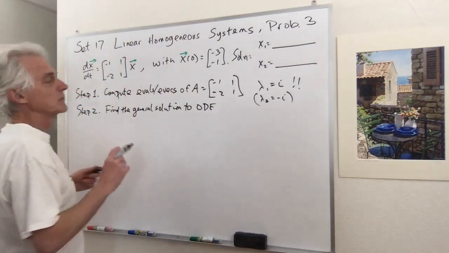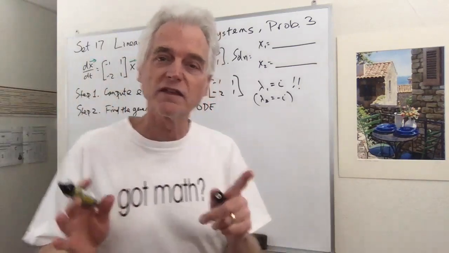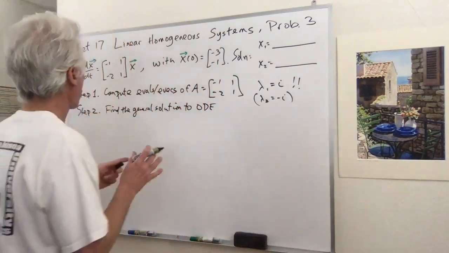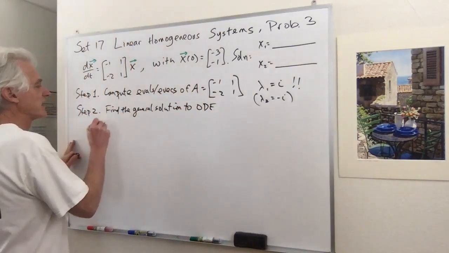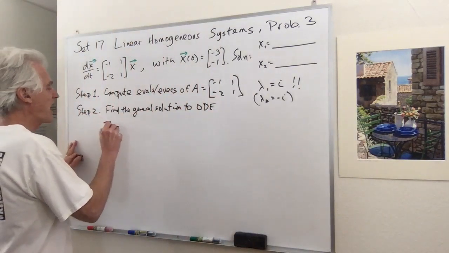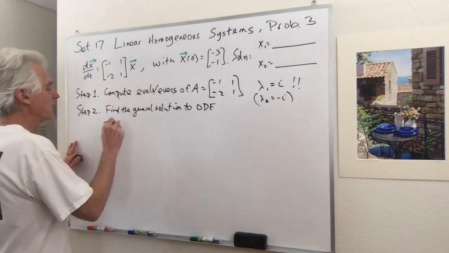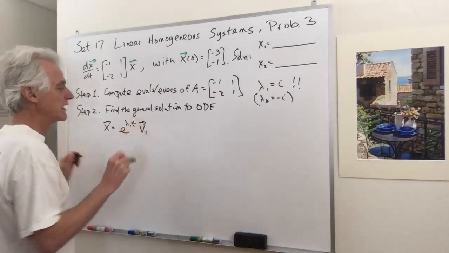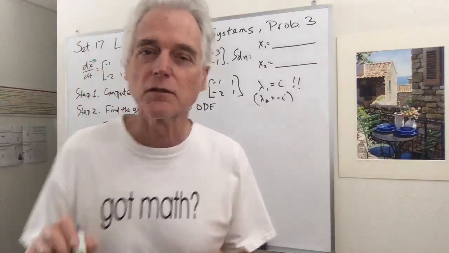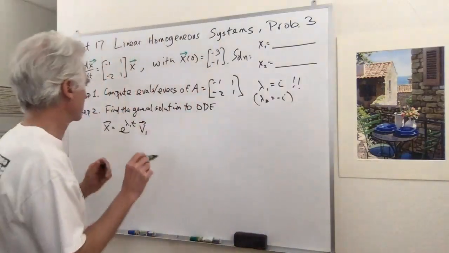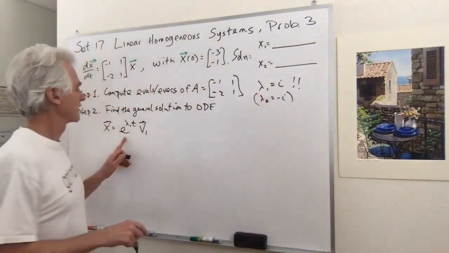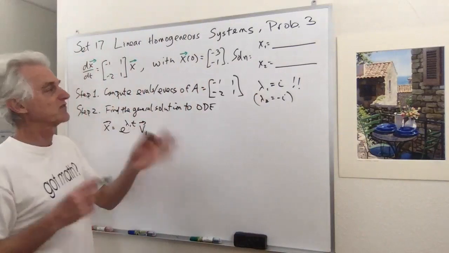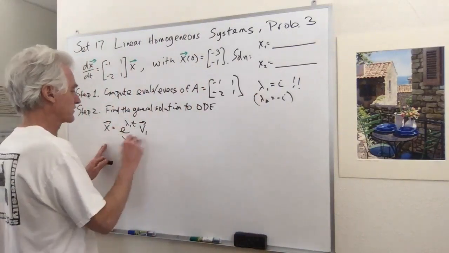The way this works with complex eigenvalues is that x equals e to the lambda 1 t v1, which is still a solution, but it's a complex valued solution, because the eigenvalue is complex, the eigenvector is complex, so this is complex.